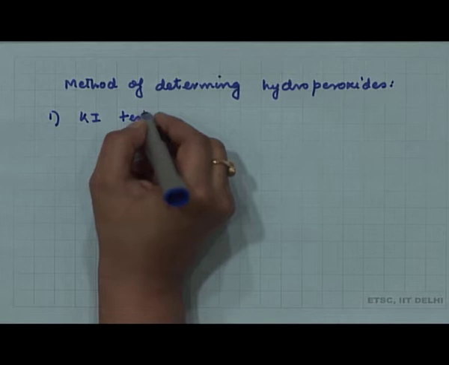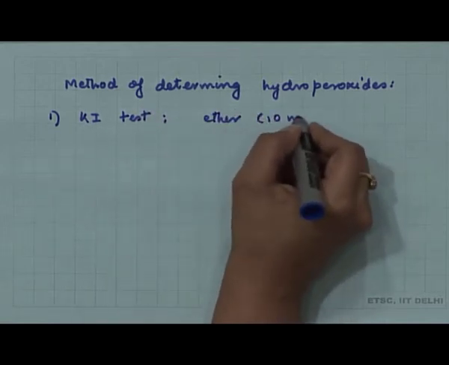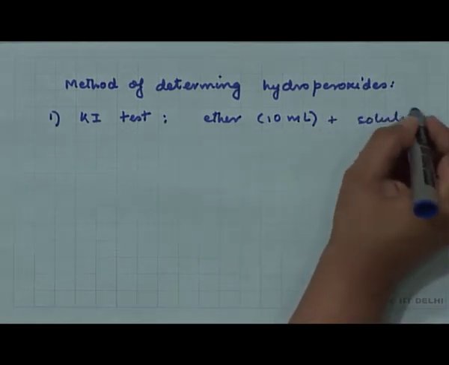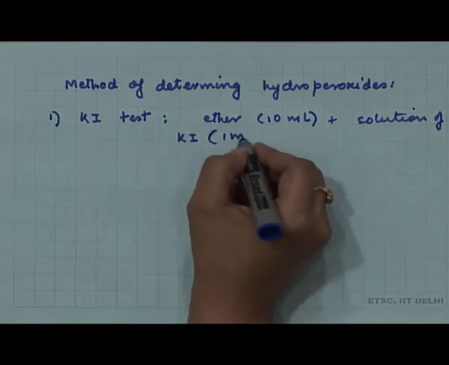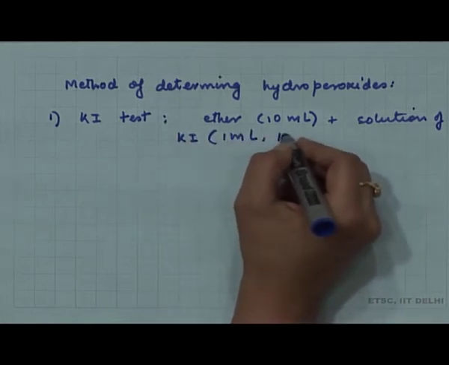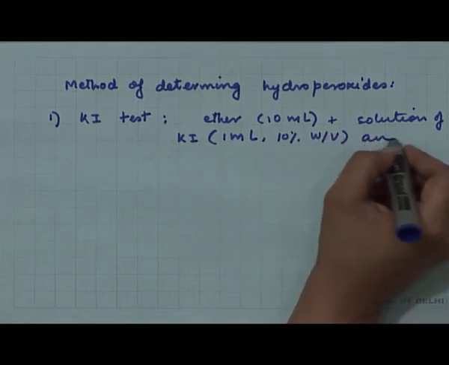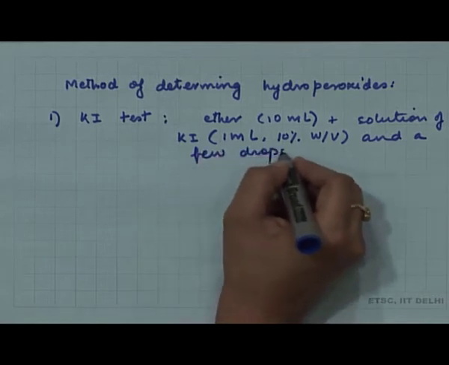What is done is that you take some amount of ether, let us say 10 ml, and you shake it with a solution of potassium iodide, let us say for 10 ml it is 1 ml of 10% weight by volume potassium iodide, and a few drops of HCl mixed with it.